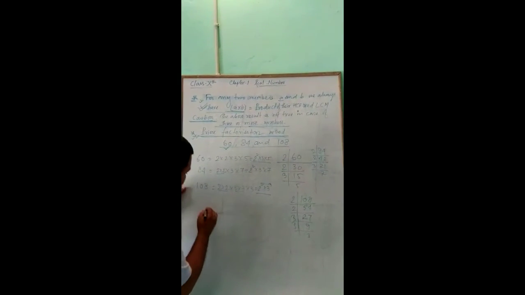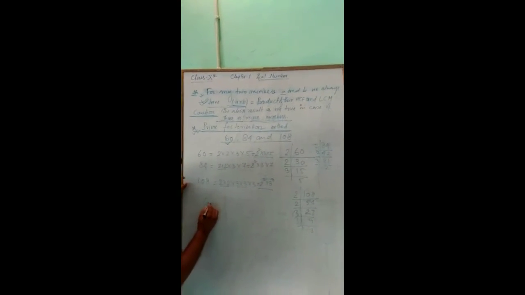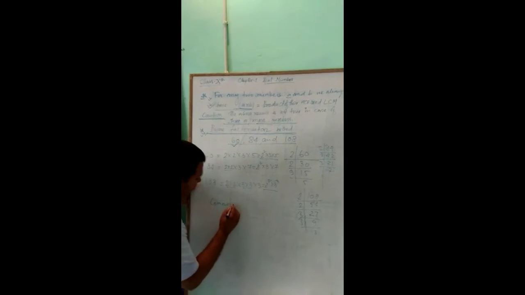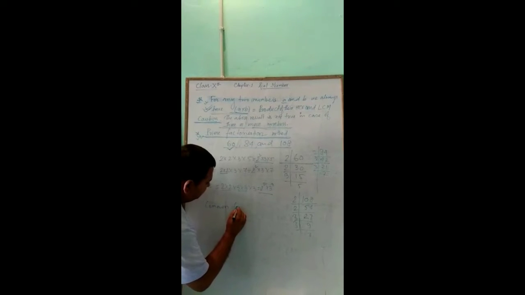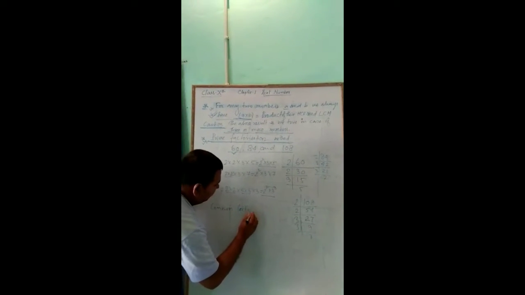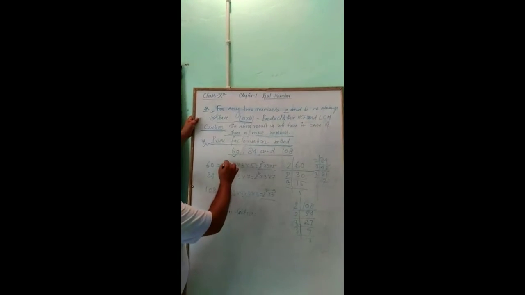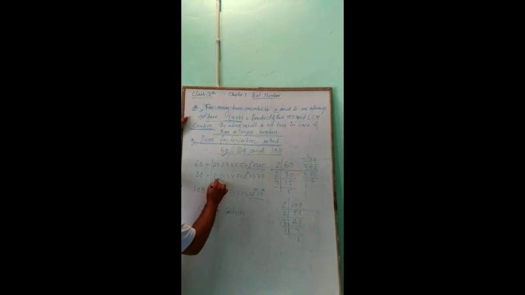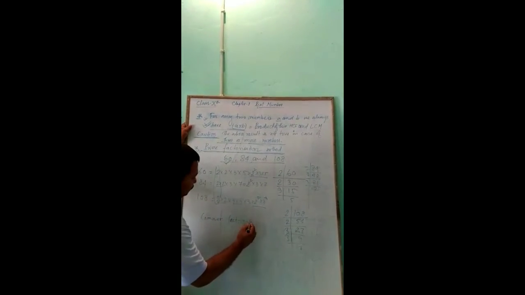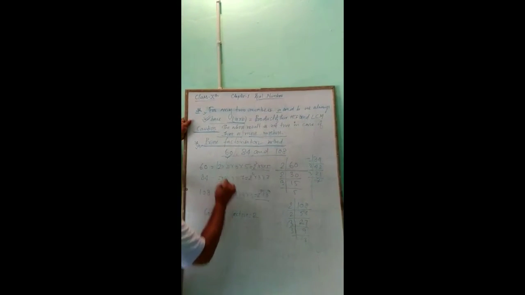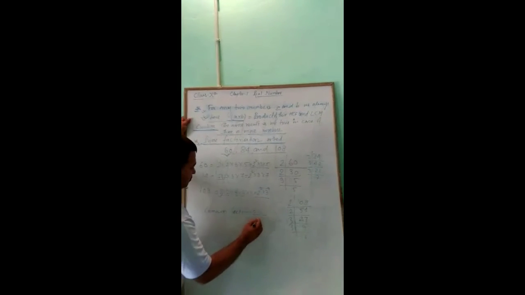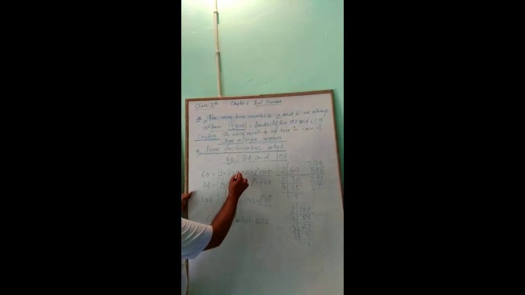Now the common factors. We can write them in a very easy way: 2, again 2, and 3.